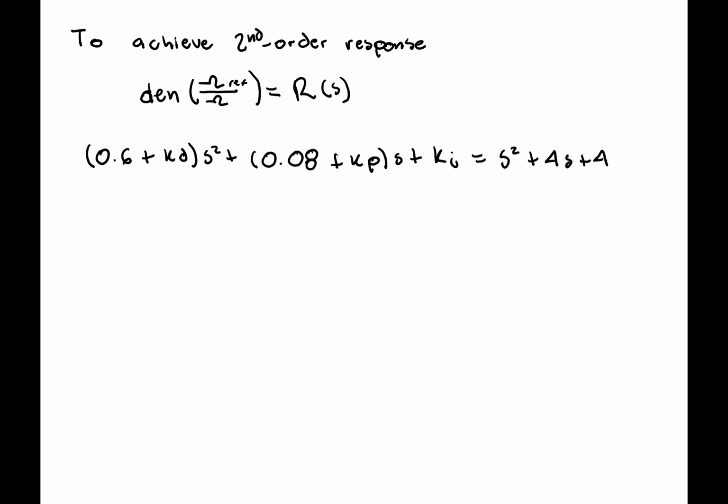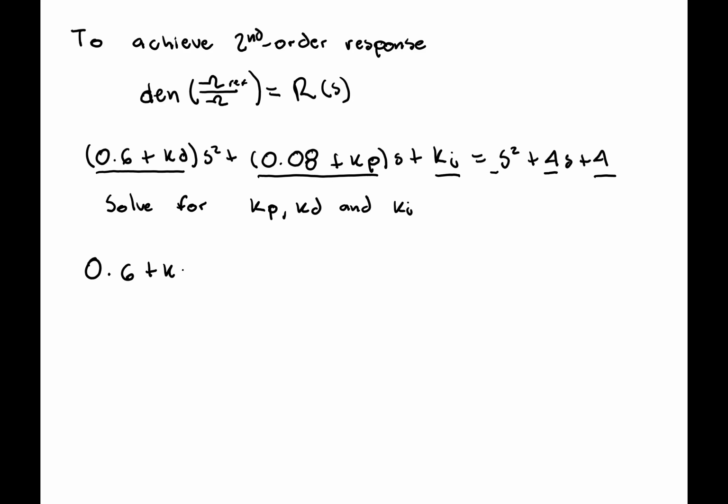Now we just solve for kp, kd, and ki, and we can just equate the coefficients, and this will give us the values of our gains. So 0.6 plus kd is equal to 1, 0.08 plus kp is equal to 4, and ki is equal to 4.